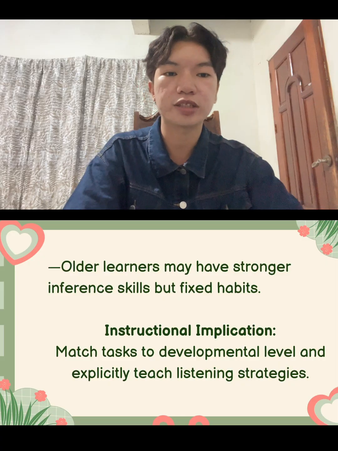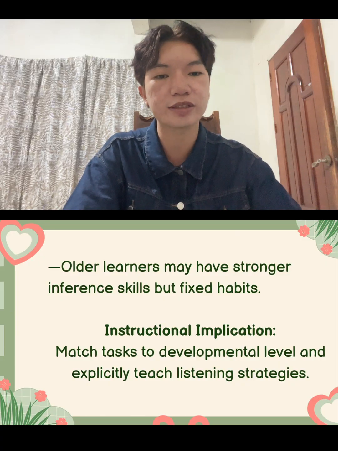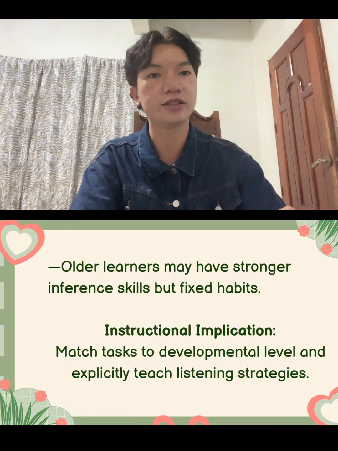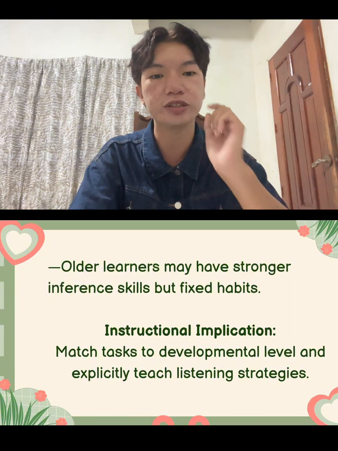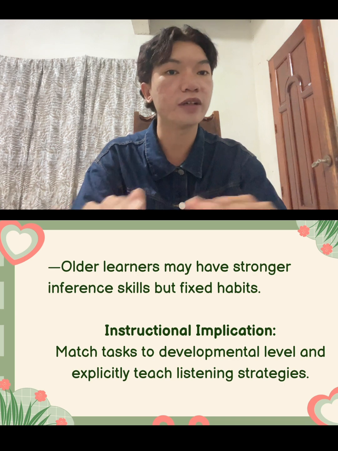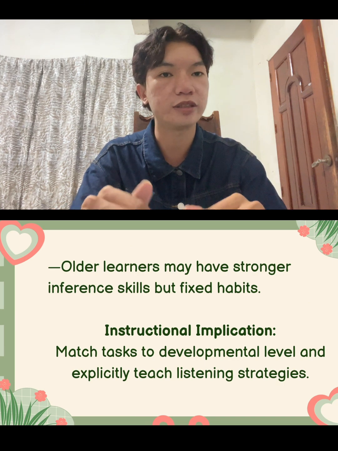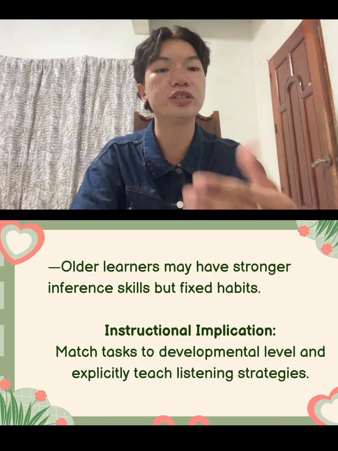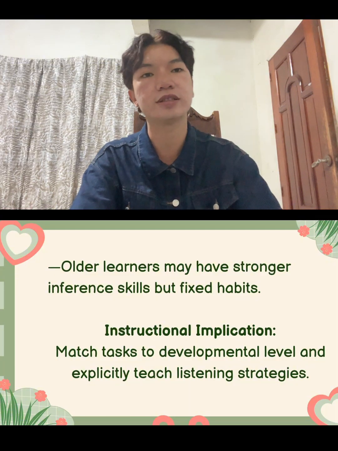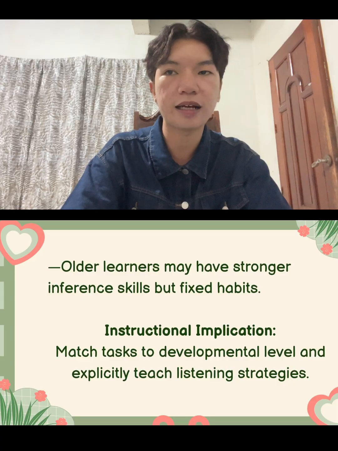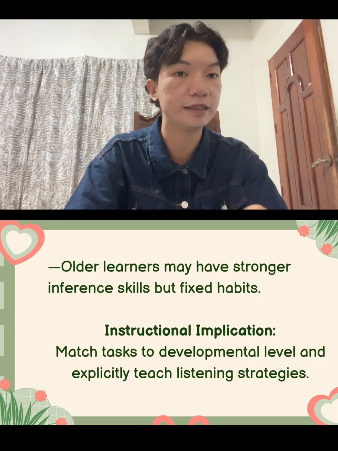So what are those instructional implications? Match tasks to developmental level and explicitly teach listening strategies. Of course, as a remedial teacher, you should match and know what level they are in your instruction, okay? And explicitly teach listening strategies to accommodate the certain students or the certain need.